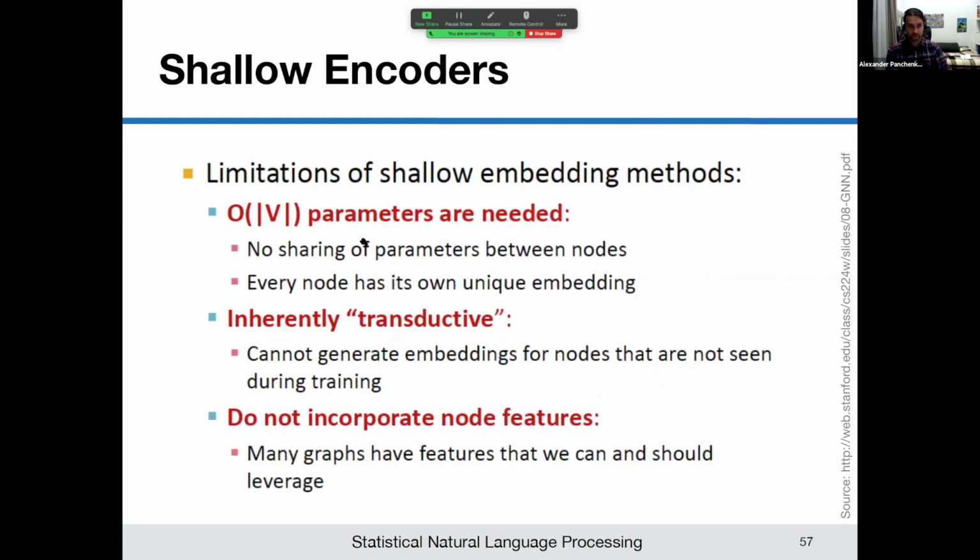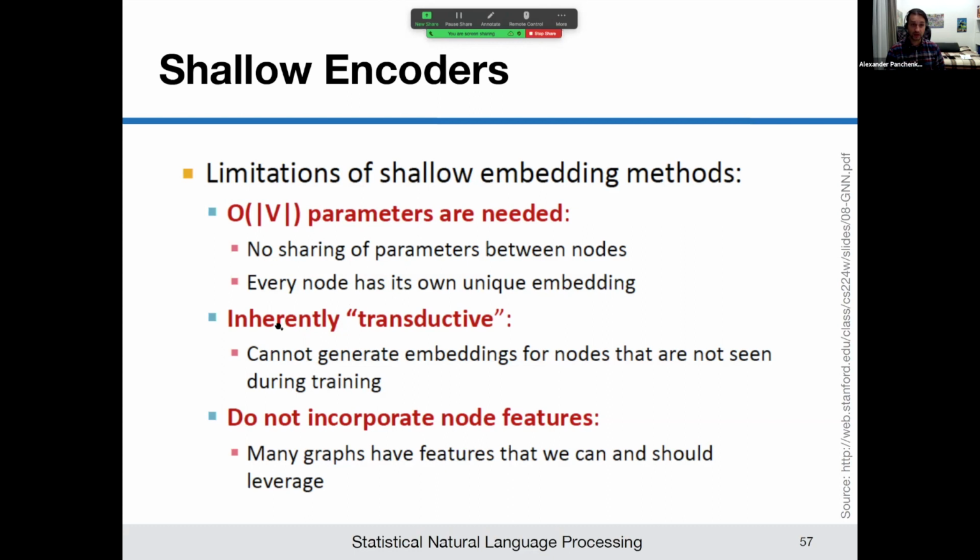Again, to store information you need space proportional to the number of nodes. For some linguistic graphs it might be okay, but think of knowledge bases. New entities are created every day on Wikipedia. New properties might be added, new types of nodes. Then this number will be very large, and it might not be useful for some applications.